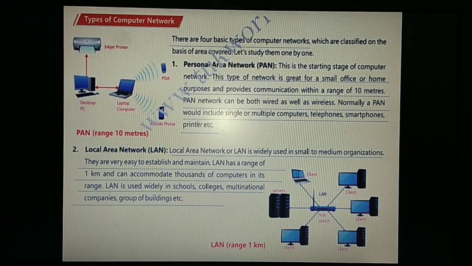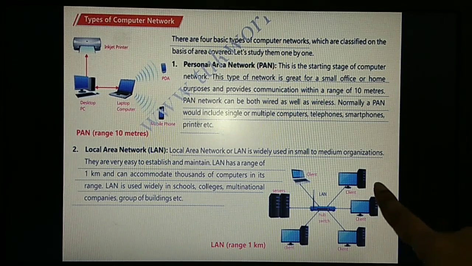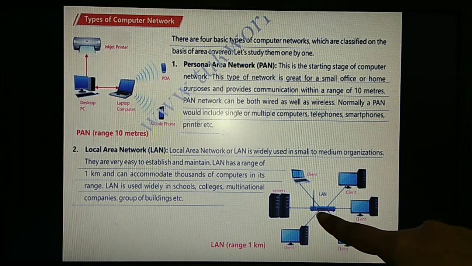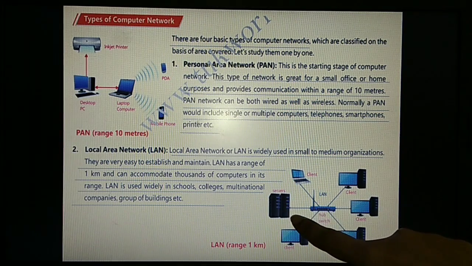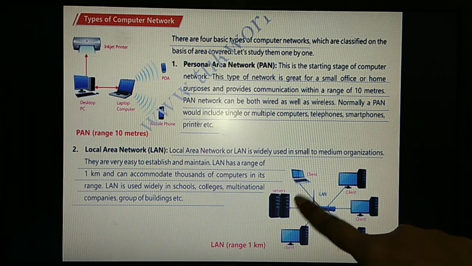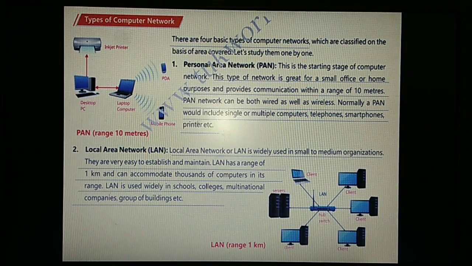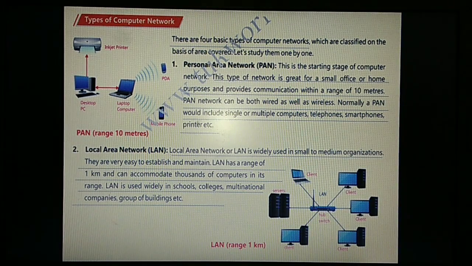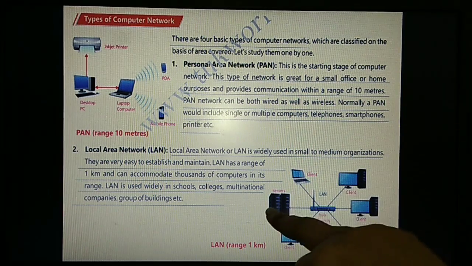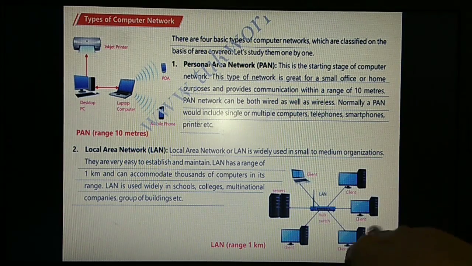Now, can you see the picture of a LAN over here? There is a hub, there is a server. I just told you about peer-to-peer architecture as well as client-server architecture. There is a main computer to which all other computers are connected.